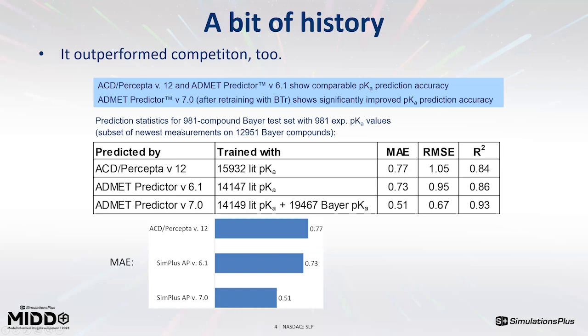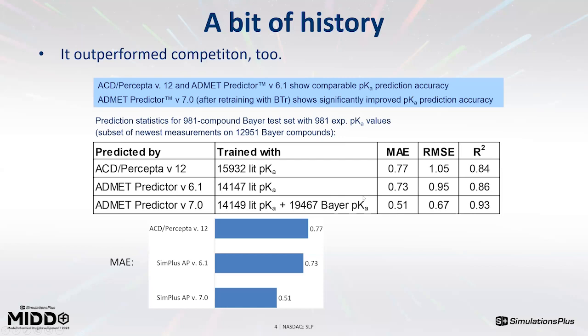ACD Perceptor could not process 19 compounds, so the numbers reduced to 981. The statistics were similar. Okay? It was really head to head.